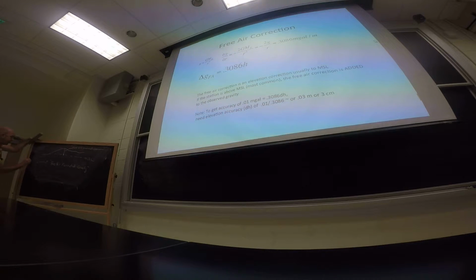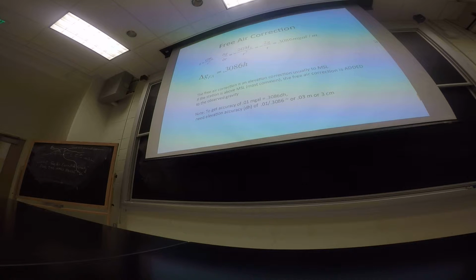We have to correct the free air corrected gravity for the mass above sea level right here. So this mass, we'll call that the correction mass, MC.